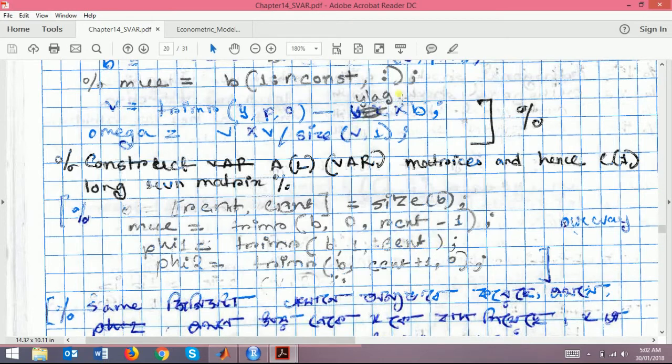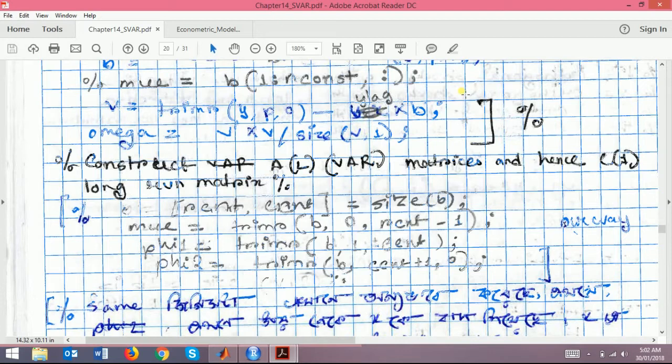So phi1 is column count, number of columns. The first one is removed, and number of columns. So how many number of columns you have? 1 2 3 4 5, 1 2 3, so 4 square plus 5, 4 square into 2 plus 1.